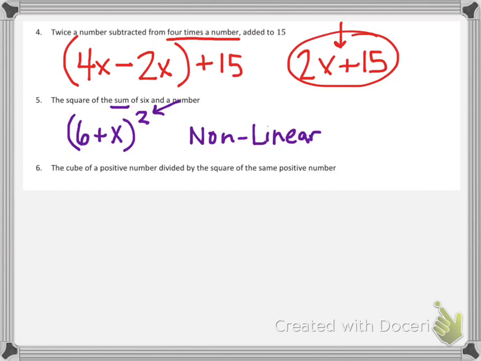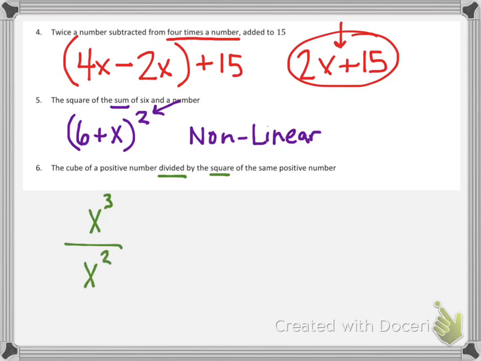Number 6. The cube of a positive number divided by the square of the same positive number. So we have a division problem. I'm going to take the cube of a positive number, x, that I don't know, that's x cubed, and I'm going to divide by the square of the same positive number, so that's x squared.